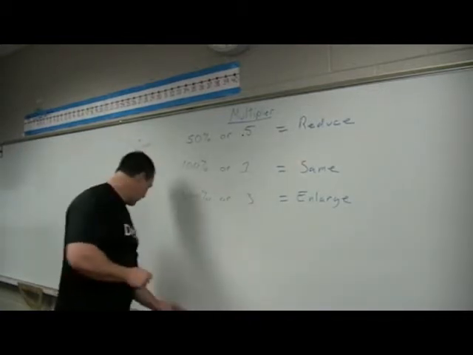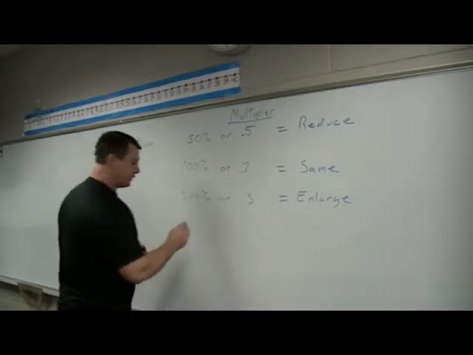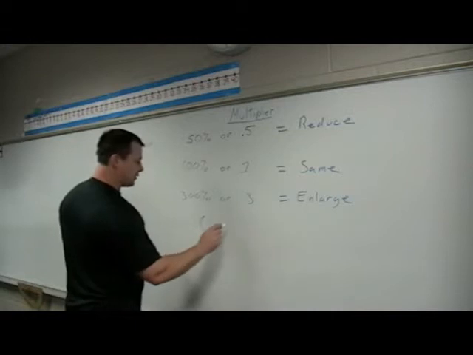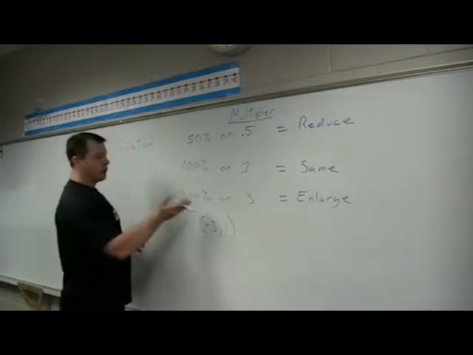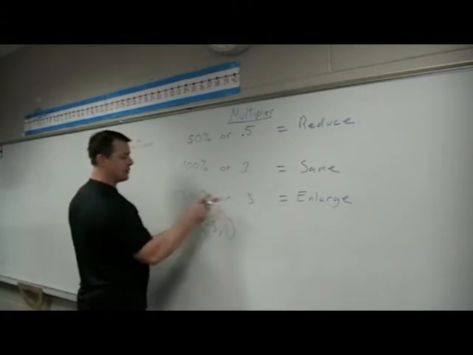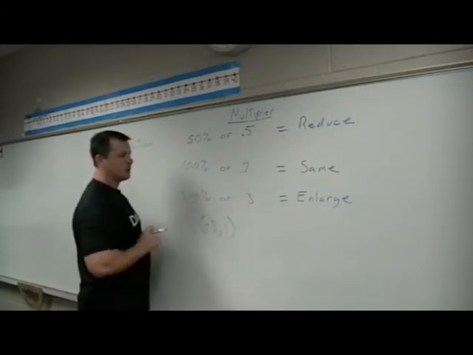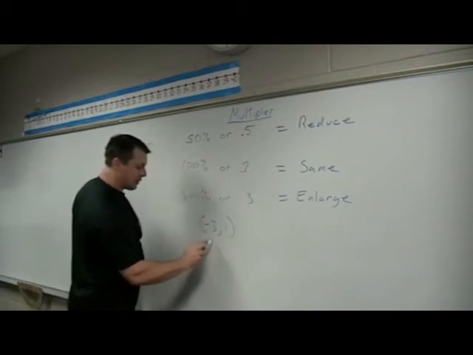So here's a real quick example of if you had a point to dilate, or a coordinate. Let's say we had a coordinate -3, 1, and we want to dilate it 300%. So what you would do is you go over your multiplier, which is the decimal version of your percent, and multiply it by that. So we're going to times it by 3.